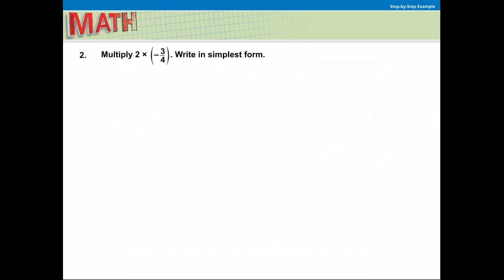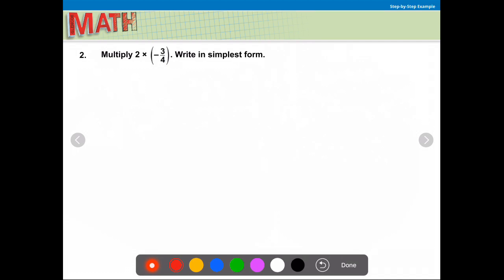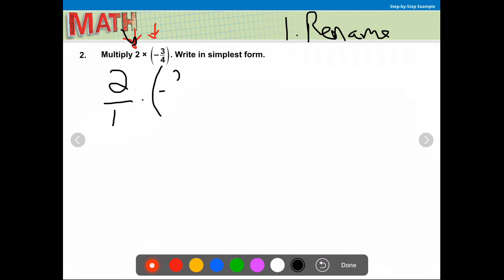Let's get a little bit harder, okay? This time, we have a negative over here. All right. But you'll see that's not really that difficult. And we have a 2 over here. So, yeah, the first time it's not a fraction. So, step number 1 is rename. So this 2 is not a fraction, so we need to make it a fraction. I'm going to make it 2 over 1. And then we're going to have negative 3/4.